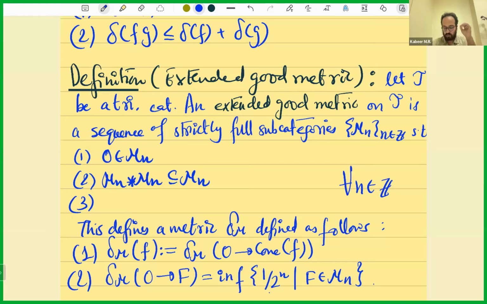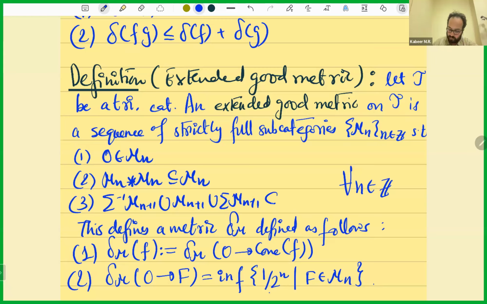This basically says that the metric is non-Archimedean, which is a condition we want to impose in this talk, though that is not necessary in general. And the third condition is that these balls decrease, which again, by the analogy, they should. So not only Mn plus 1, but its shifts, its suspension and desuspension, is contained inside Mn.